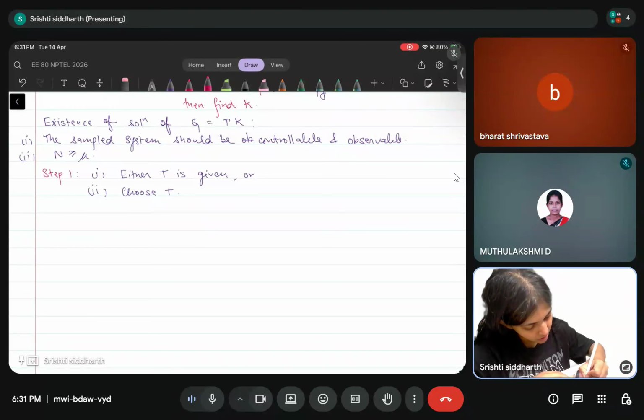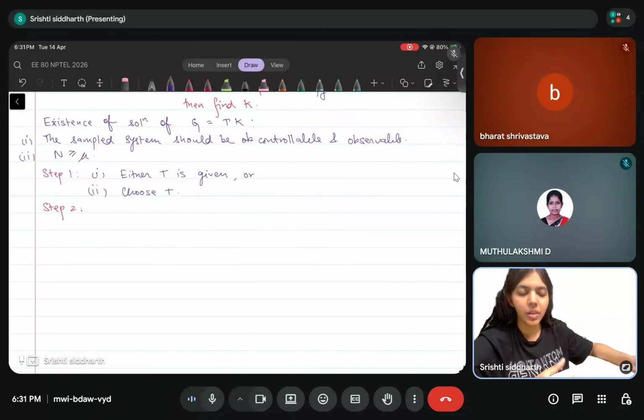Then step 2 is, once we have found T, we can find the discrete time system.